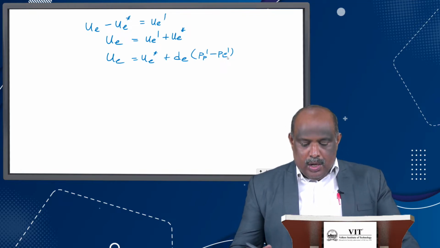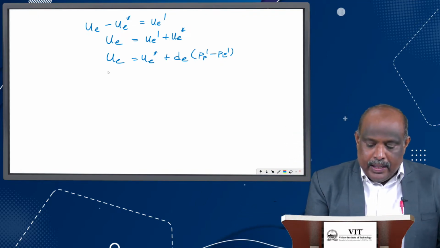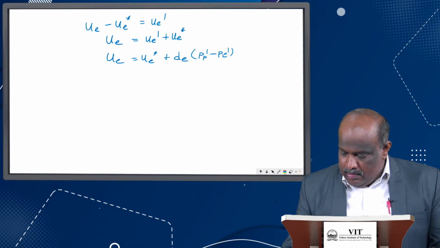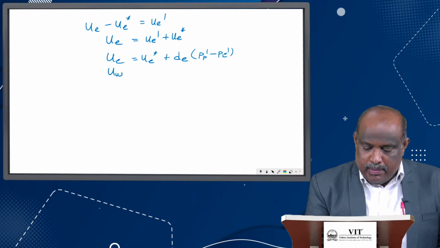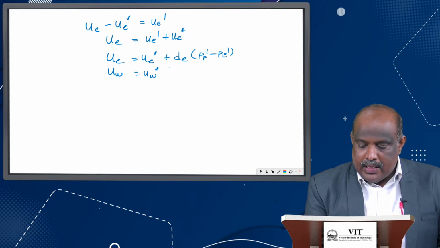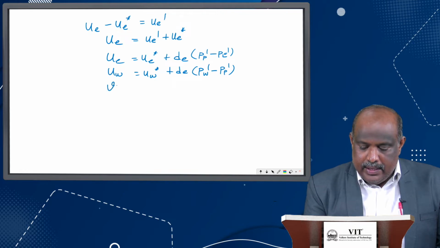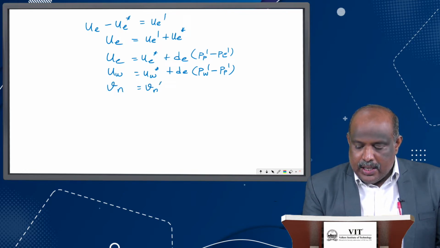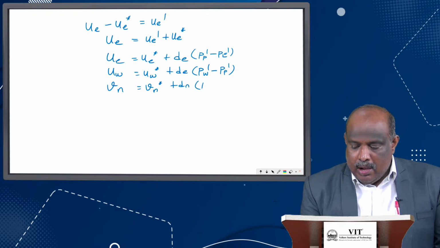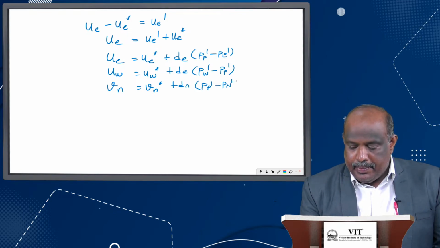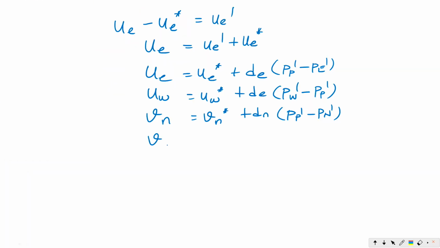Similarly, I don't want to bore you, you can write it for Uw. Uw will be equal to Uw star plus dW of Pw prime minus Pp prime. Similarly, Vn will be equal to Vn star plus dN of Pp prime minus Pn prime. Similarly, Vs will be equal to Vs star plus ds of Ps prime minus Pp prime.